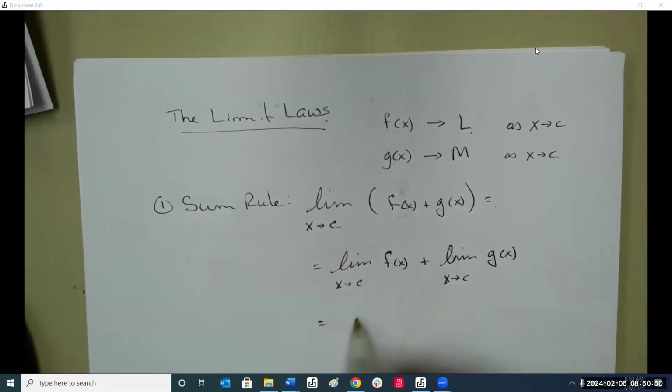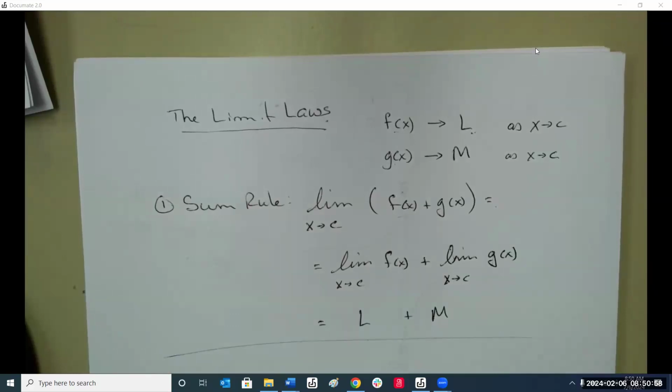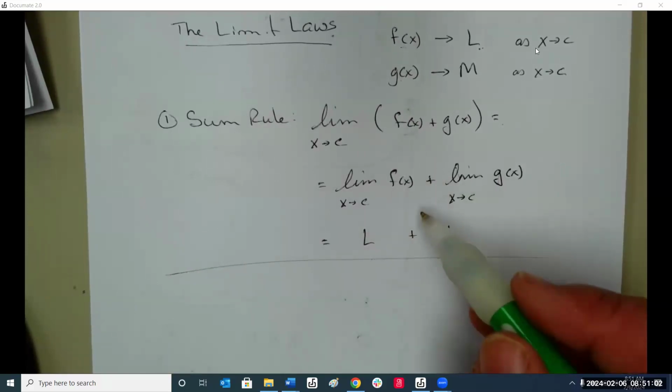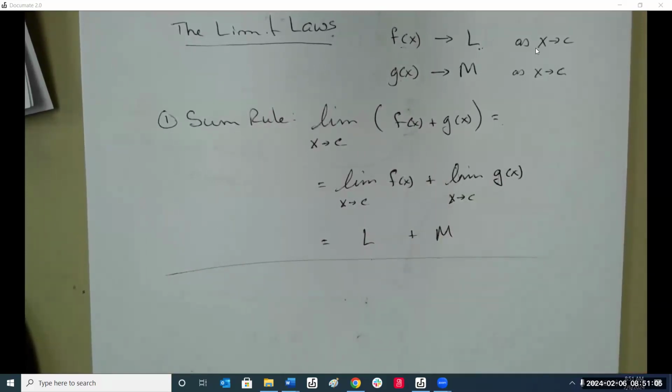The limit of f of x is L, and the limit of g of x is M. I could do it that way. That's what it's telling me. What if you had a long polynomial with 8 terms? You can take each one of them separately or treat them as one big long function.